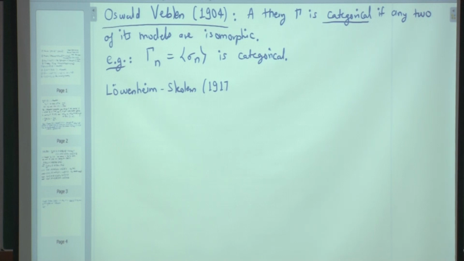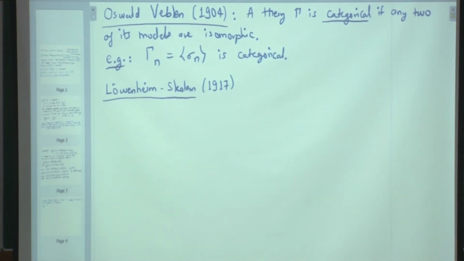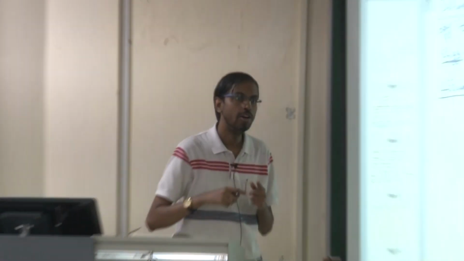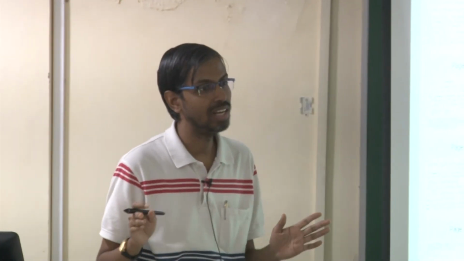So this is around 1917. So they proved their theorems, which says that if your theory has one infinite model, then it has infinite models in all cardinalities bigger or equal to the cardinality of the language.